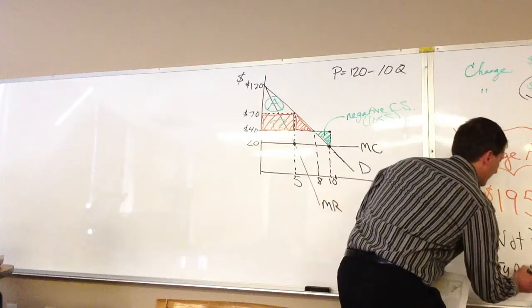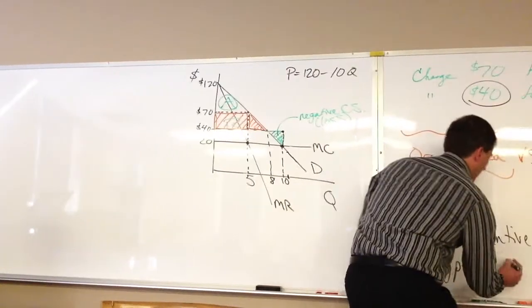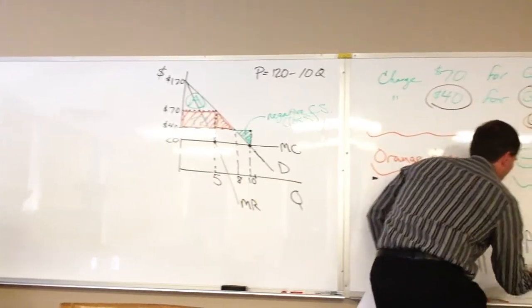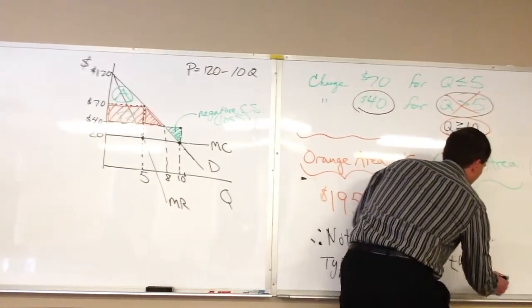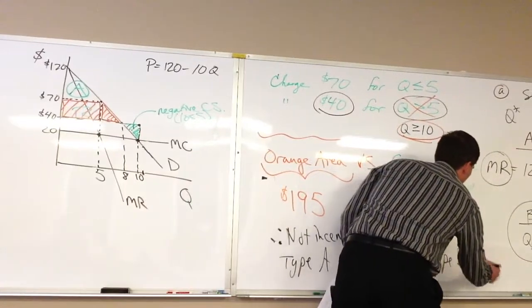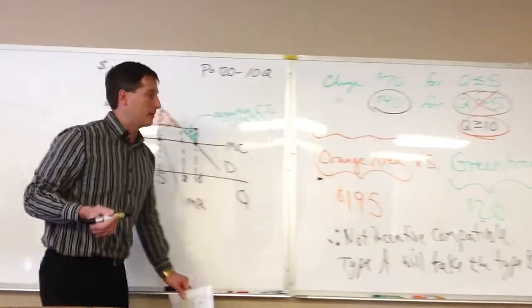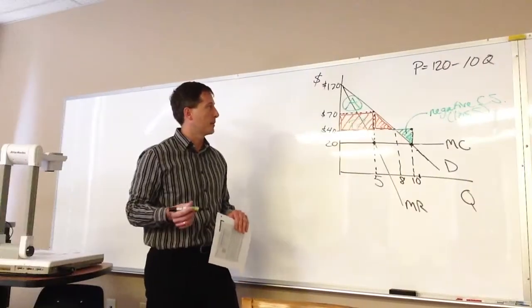Type A will take the type B deal. And that's what we don't want to have happen. So it's not incentive compatible.